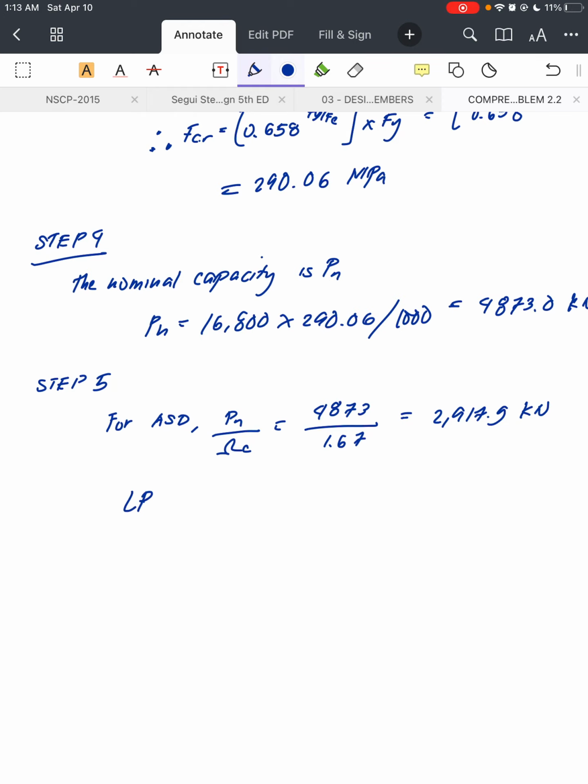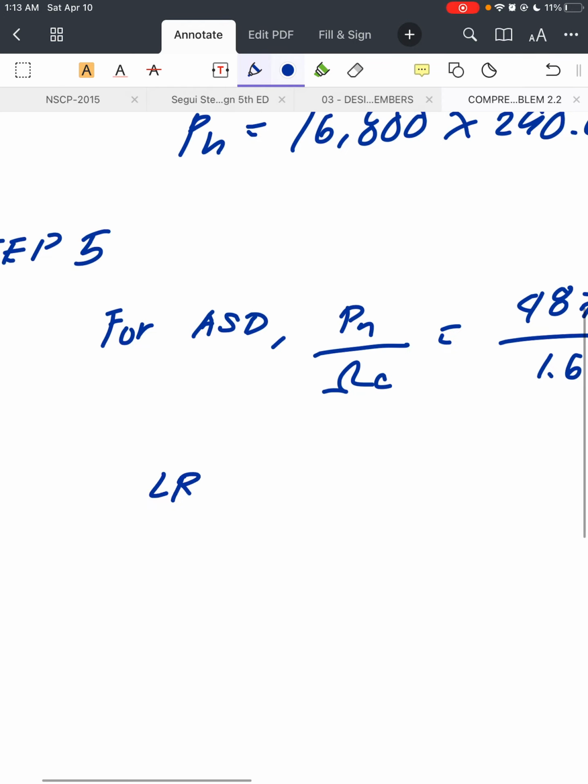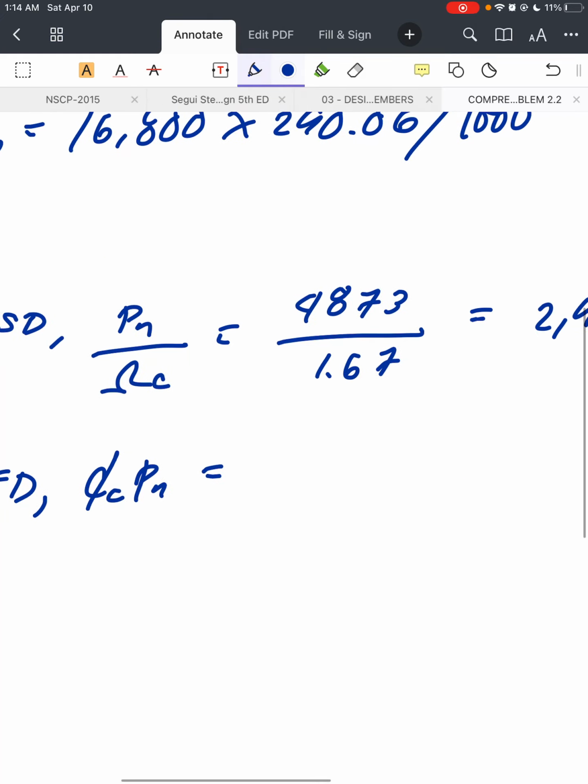Now for LRFD, so you have phi sub C times Pn. So that is equal to 0.9 times 4,873.